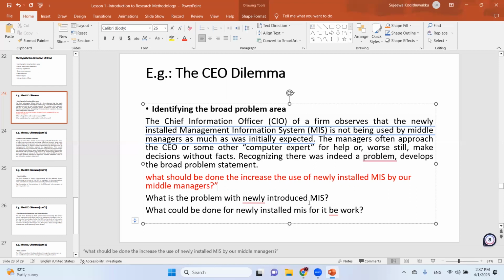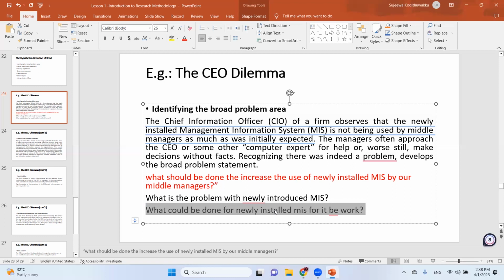Basically, there's a huge problem about the middle managers, isn't it? Am I correct or not? The second question, more or less linked with the question what could be done for the newly installed MIS for it to work, is actually an indirect answer.